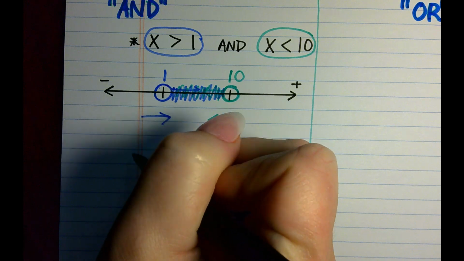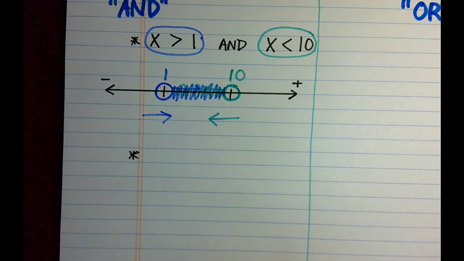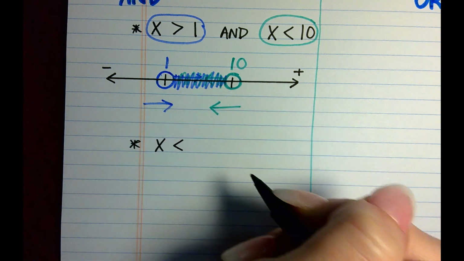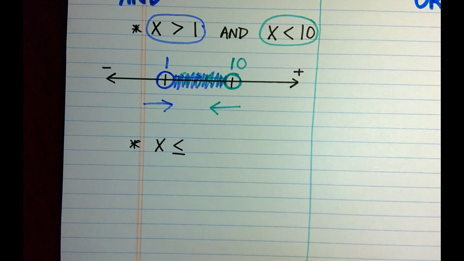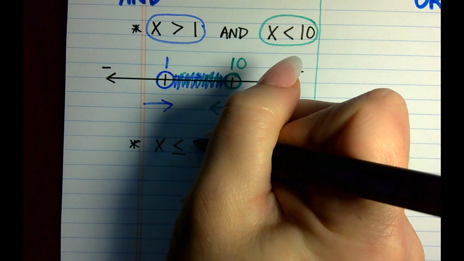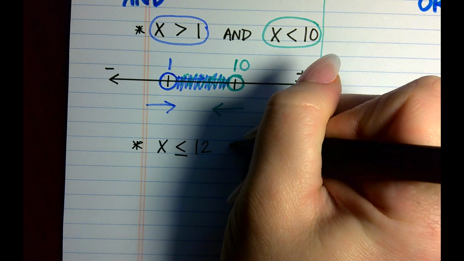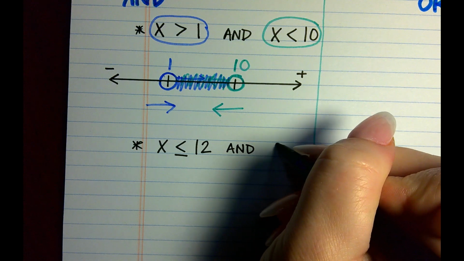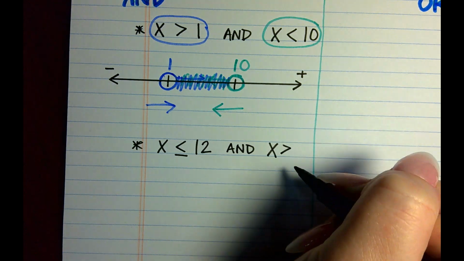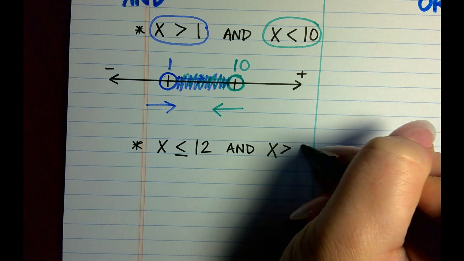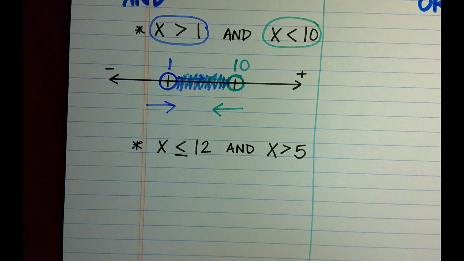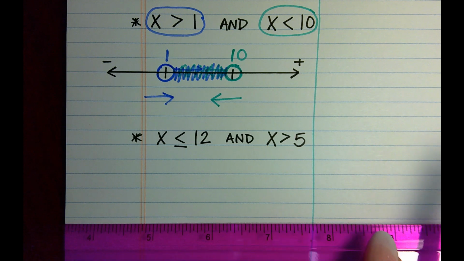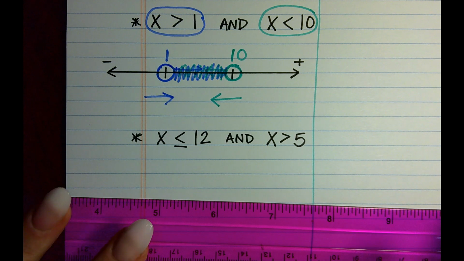Let me show you another example. How about x is less than or equal to 12 and x is greater than 5. So we'll start the same way. I'm going to give myself a number line to graph on.